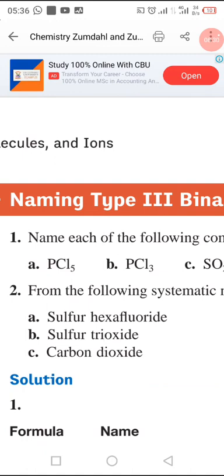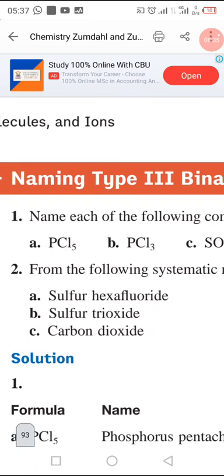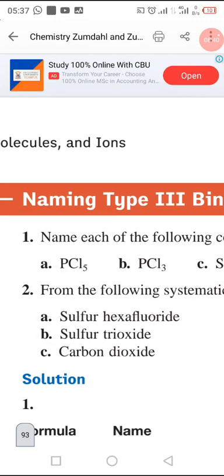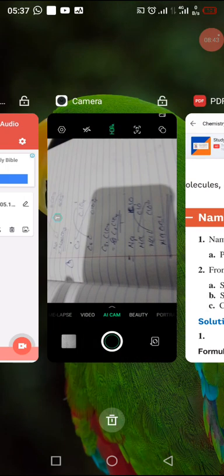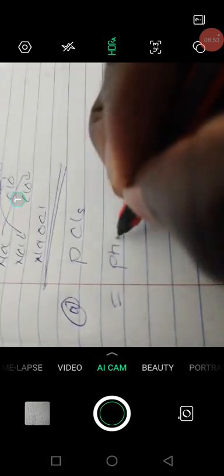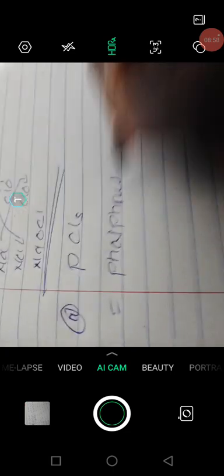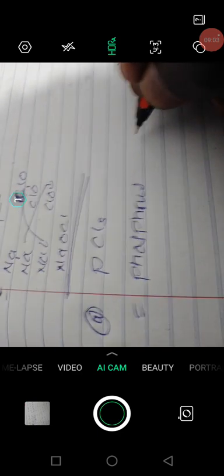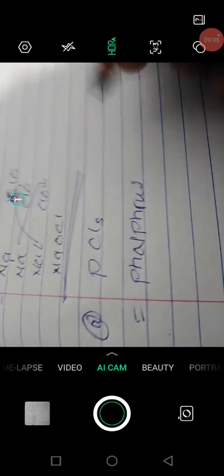Right? Yes. So here it is. We go ahead. We say we've got phosphorus, and also remember to follow this.